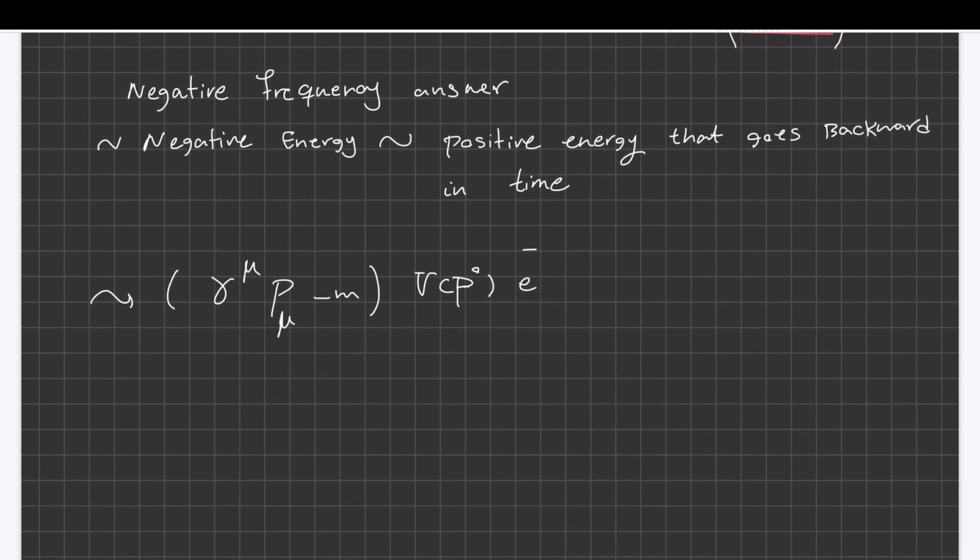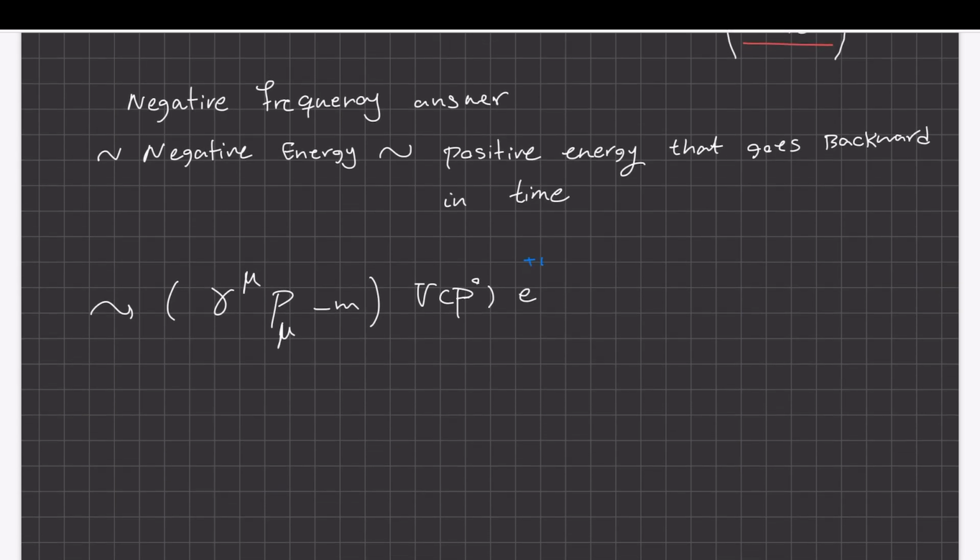So we basically looked at minus IPX, and now we are looking at plus IP dot x, or psi of x is equal to V of P times e to the plus IP dot x. So there's just another sign for frequency, which in physics means antiparticles. Instead of negative energy, we say negative energy is equal to positive energy that goes backward in time, but there is no preferred direction for time.